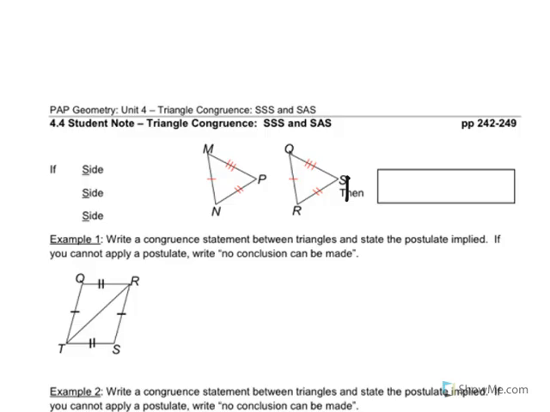So let's look. We're going to start with the side, side, side postulate.